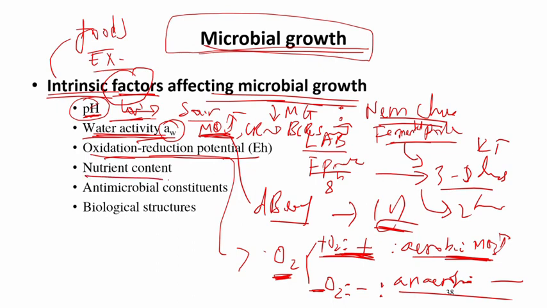And the next intrinsic factor is the nutrient content. Nutrient content in food, normally meat, milk, and things like that. Animal products are rich in nutrients, not only for humans but also for microorganisms. And the other intrinsic factor is the antimicrobial constituents within the food, inside the food.